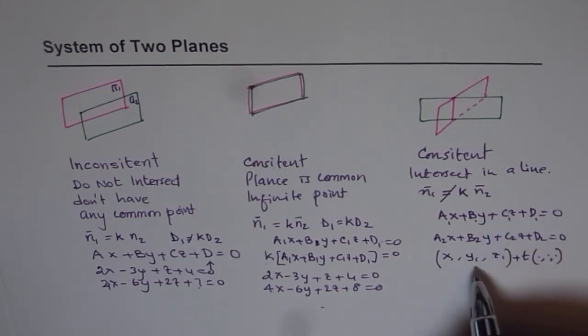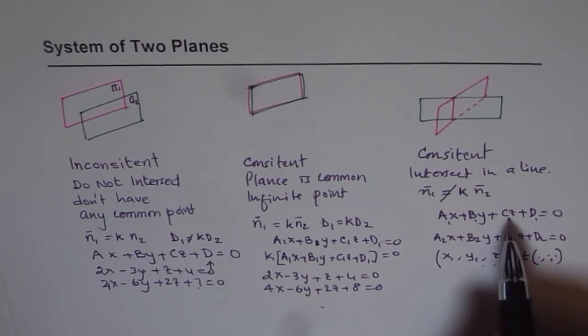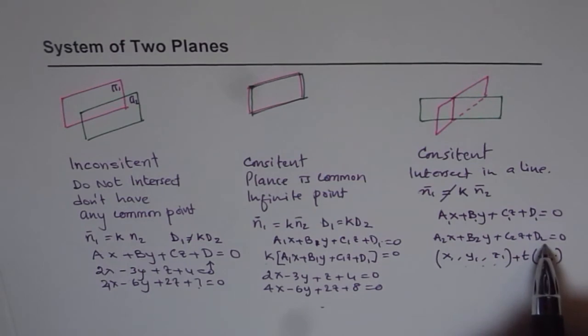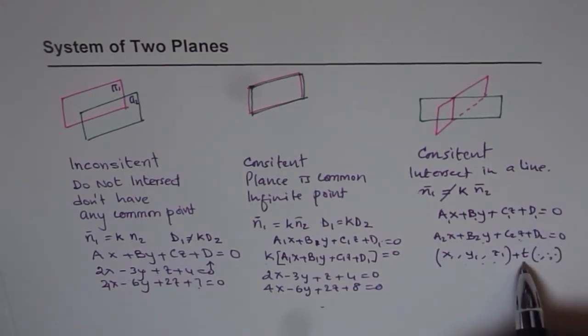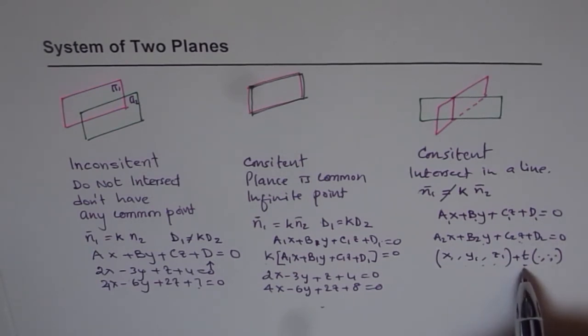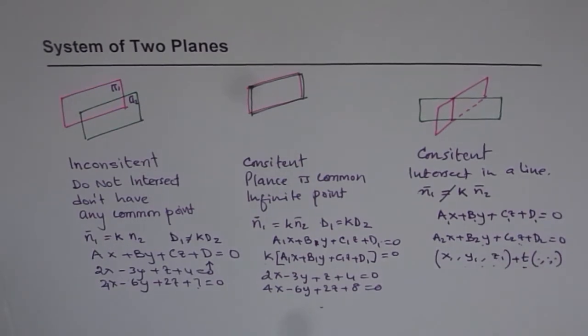We don't really get a point of intersection when two planes are intersecting. They will always intersect in a line, right? So when we are solving the equations, you will have to use one of the parameters, for example z equals t, and then define all of the terms in terms of that parameter to get the equation of the line.